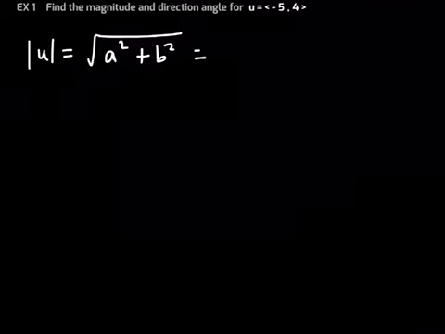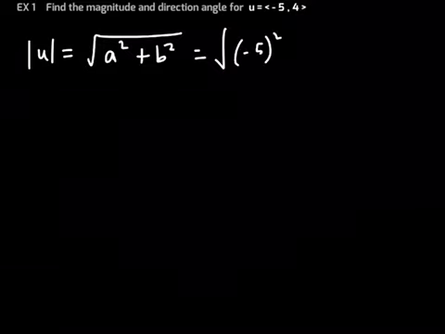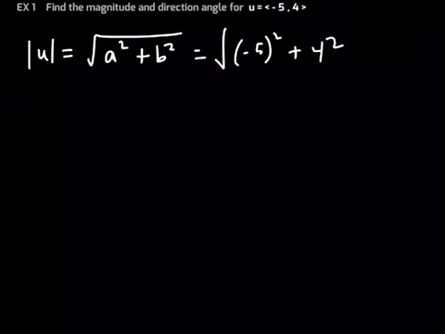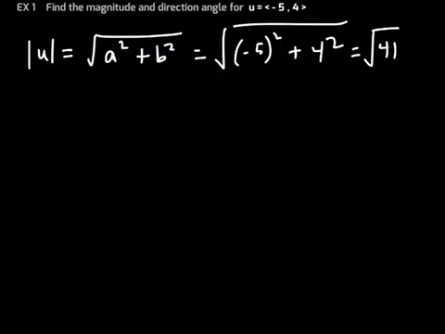So the magnitude or the length of our vector is going to be equal to the square root of (-5) squared plus 4 squared. So which just gives us the square root of 25 plus 16, which is 41. So that's pretty straightforward. That part is done. Magnitude found. The length of the vector is the square root of 41 units.